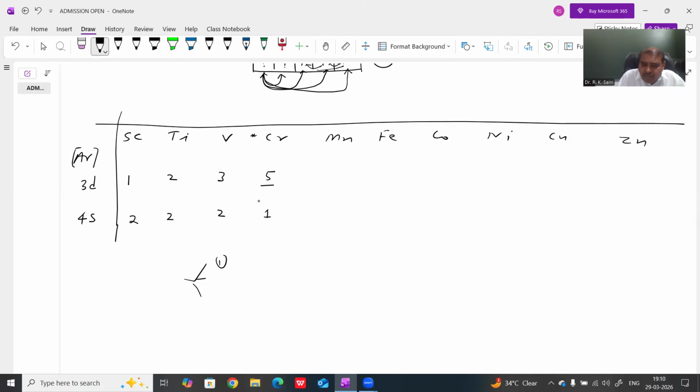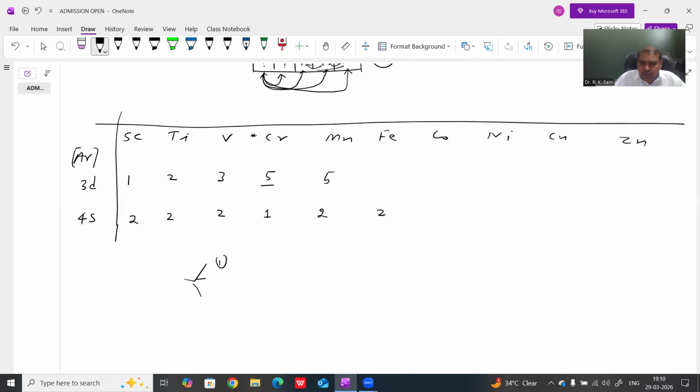Their shielding effect on one another is very small. Therefore, there is more attraction of the nucleus on the electrons, so this is more stable, with high exchange energy. We know that a total of 10 exchange pairs are possible in 3d5. Therefore, it is exceptional.